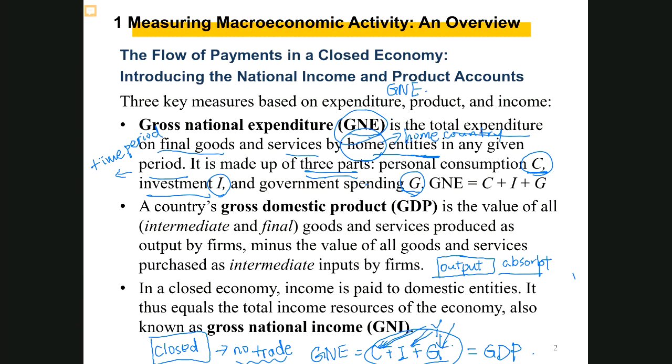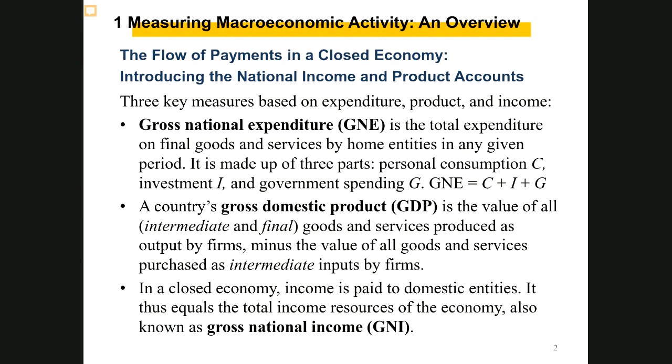Okay, so let's review a little bit what the idea of the GDP is. So in macroeconomics, the textbook will tell you GDP is the value of all intermediate and final goods and services produced, output by the firm, minus the value of all goods and services purchased as an intermediate input by the firms, right? So in short, what does it mean?